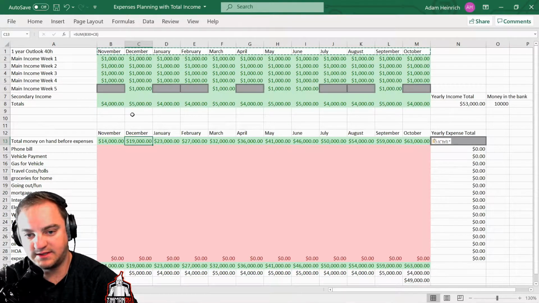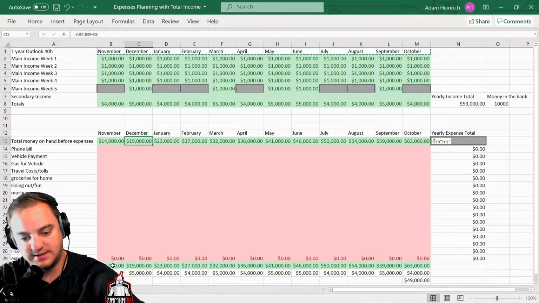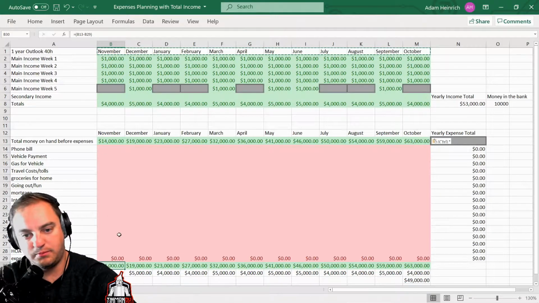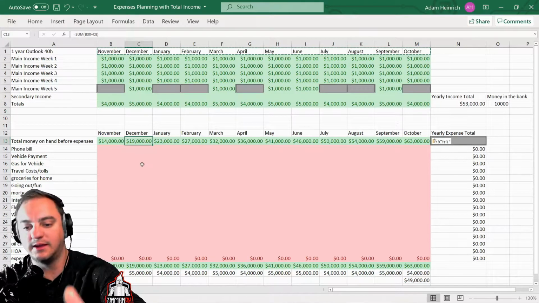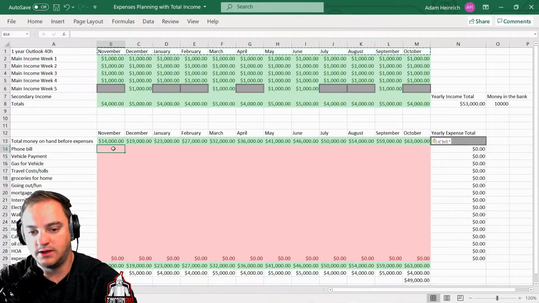C8 is what you're making in December. So it's going to add that income into what you have left, which is B30 right here, which will change once we add the expenses. It's going to take that total plus what you're going to make in the next month and put that total right here. So you know what you're starting with in December. So you just go down the line here.